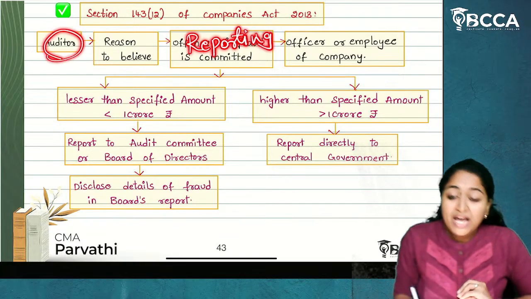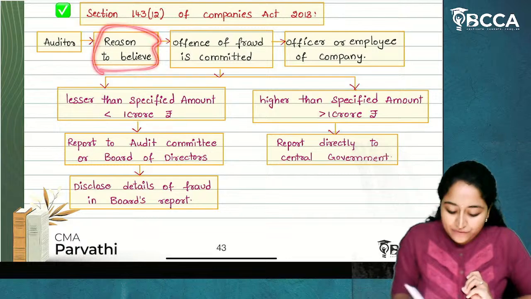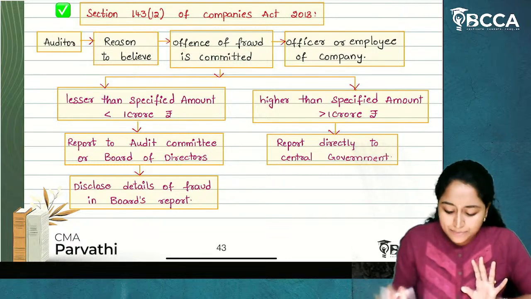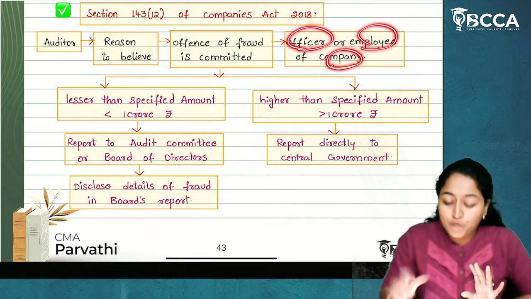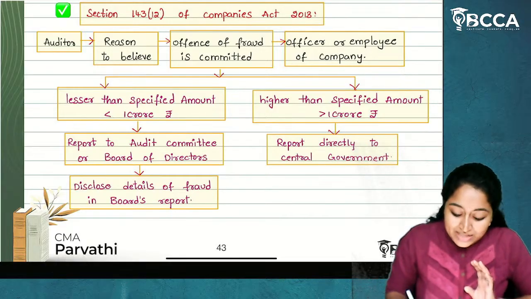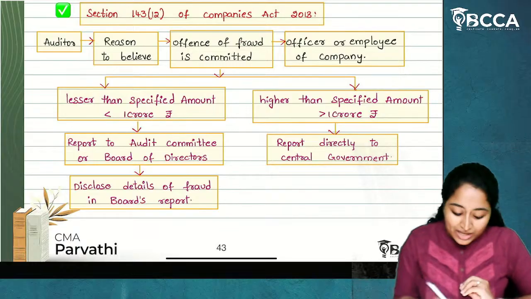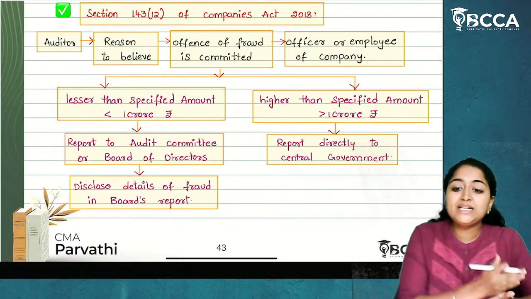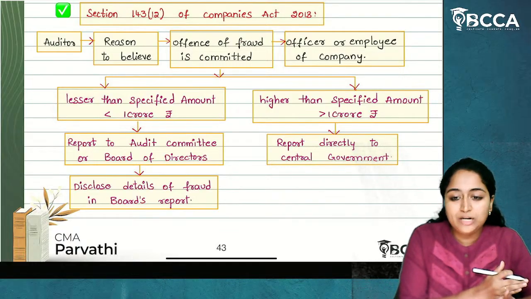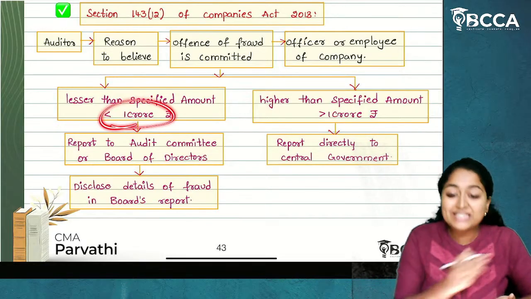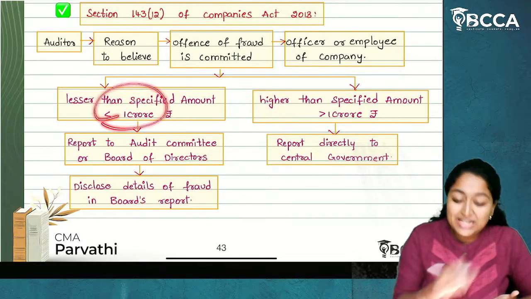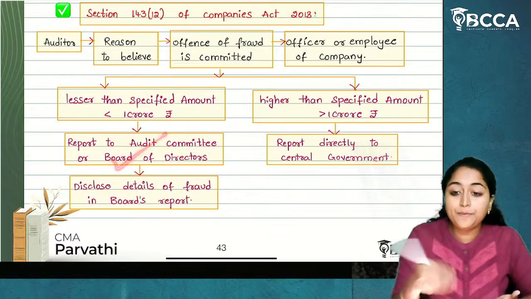If the auditor has reason to believe that any offense of fraud is committed by any officer or employee of the company, then he has to verify the amount of that particular fraud. If the amount is lesser than the amount specified by the government, which is less than 1 crore rupees, then he will report to the audit committee.